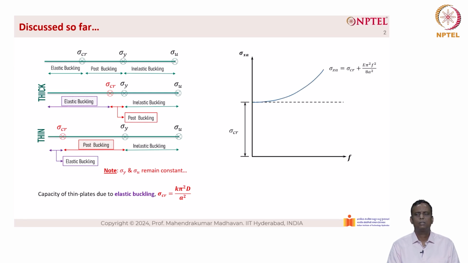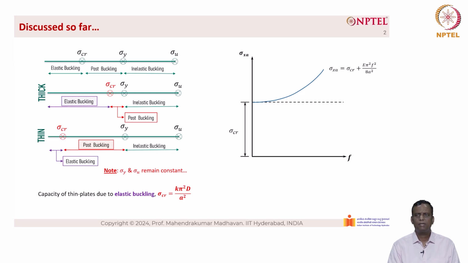So, when we plot the load versus the lateral displacement, which is given as F, you can see that there is no lateral displacement until the load reaches sigma critical. The moment the load reaches sigma critical, there is an increase in the load carrying capacity in a nonlinear fashion. With more F, that is more lateral displacement, there is more increase in capacity, as you can see from the figure on the right hand side.